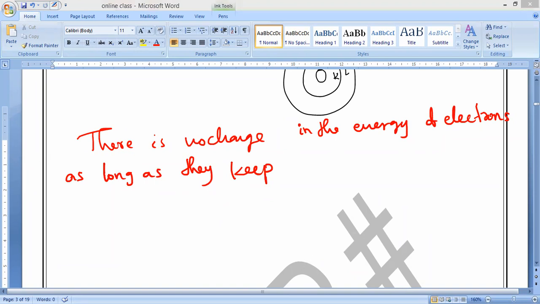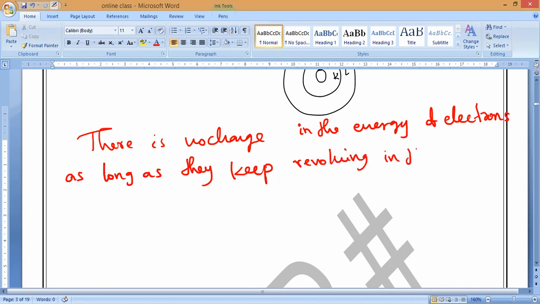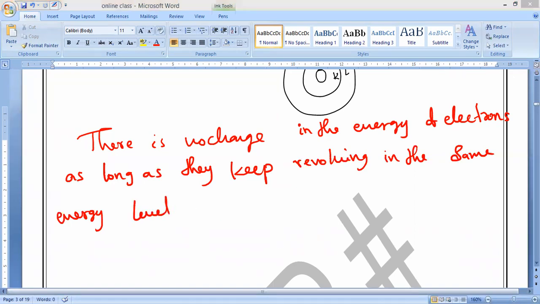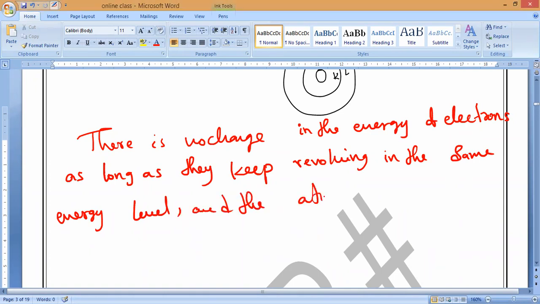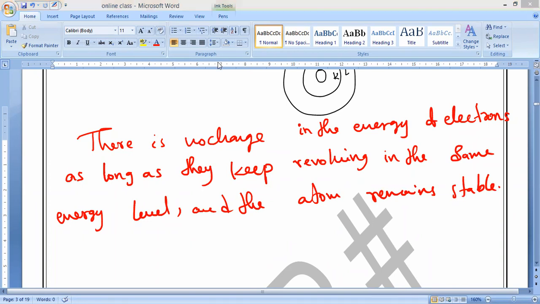As long as they keep revolving in the same energy level, comma, the atom remains stable. So when will the energy change? It will take place when the electron moves between different shells.